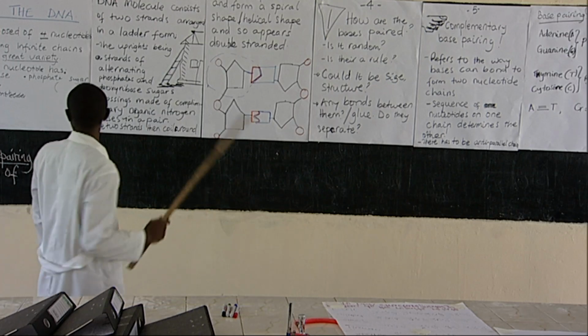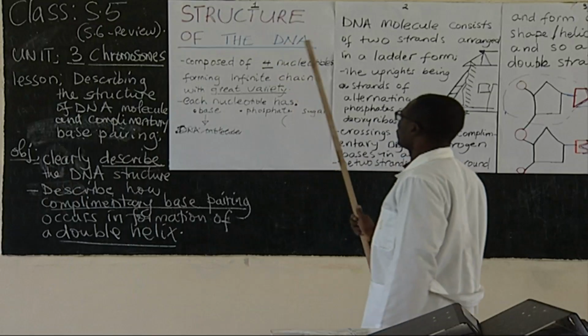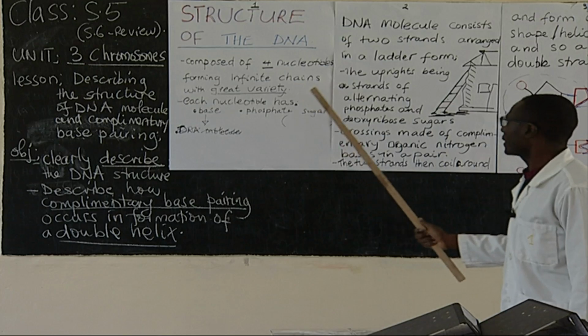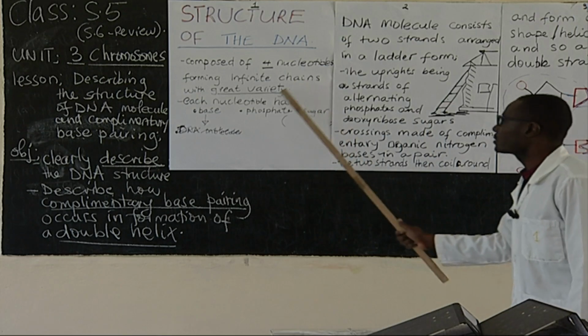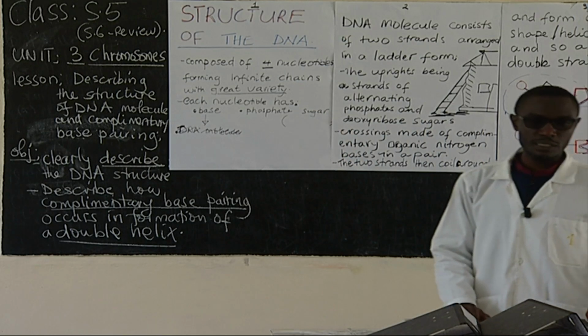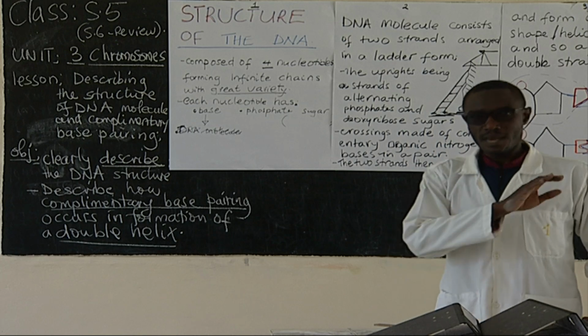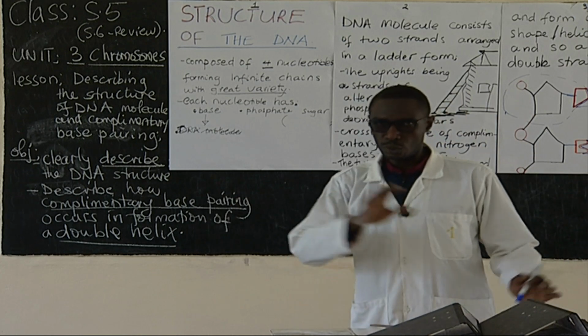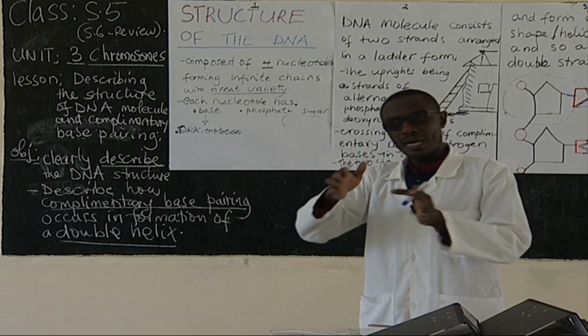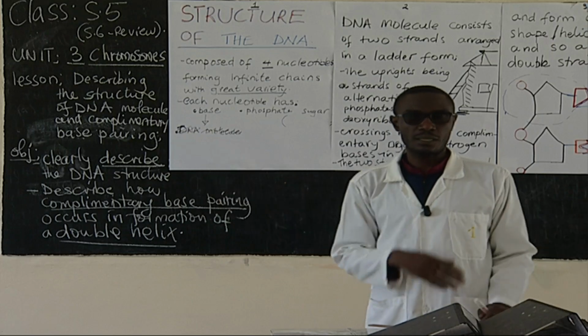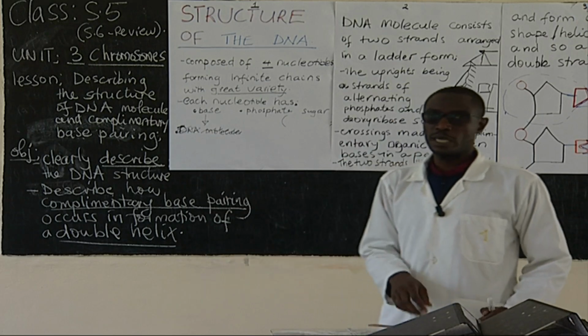So they're saying one, it's composed of 4 nucleotides forming infinite chains with greater variety. That's a very interesting statement. Non-ending, long chains, so they keep adding up to build a long structure. So a polynucleotide, like we said.